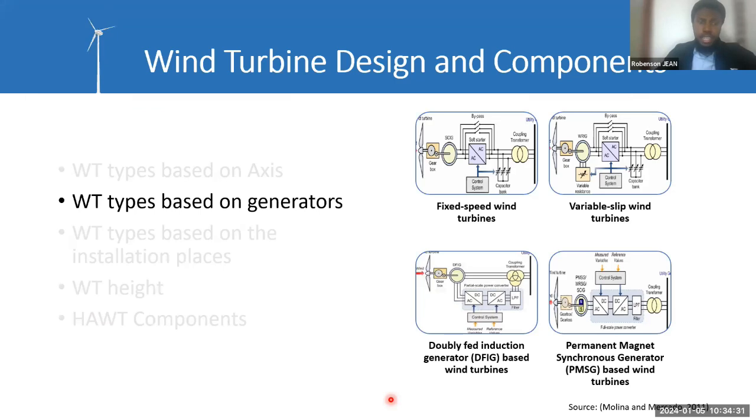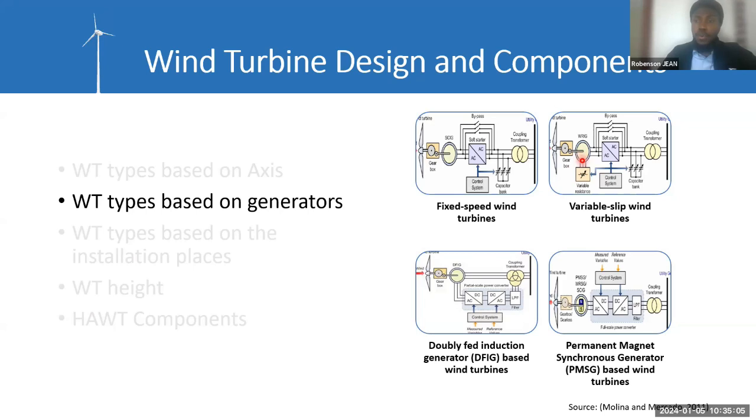Also, we can identify the wind turbine based on the type of generator that is linked to it. We have fixed speed wind turbines, and we have variable slip wind turbines. In this case, we use a variable resistance in the wiring of the rotor of the generator in order to have a variable magnetic field.